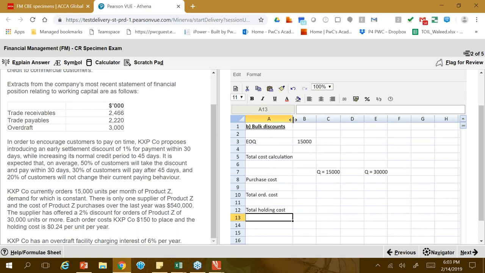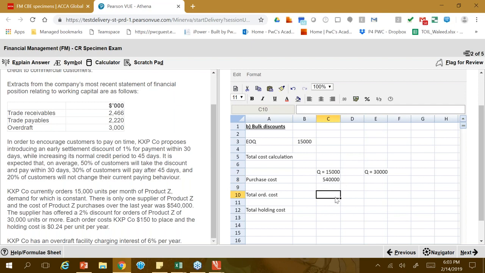How much was the purchase last year? It was $550,000. So when they were ordering 15,000 units a month, the purchase cost was $540,000. It's done.